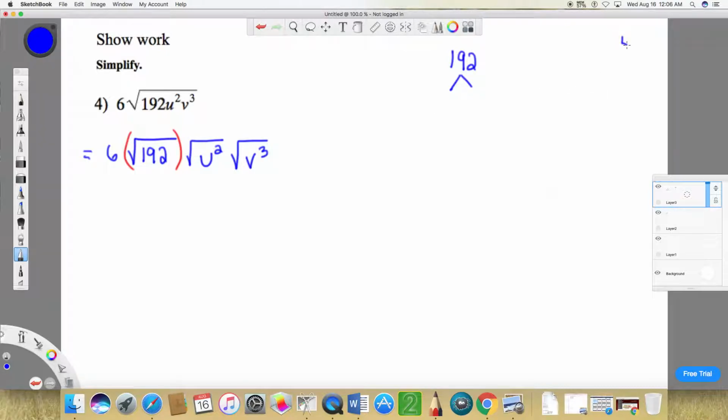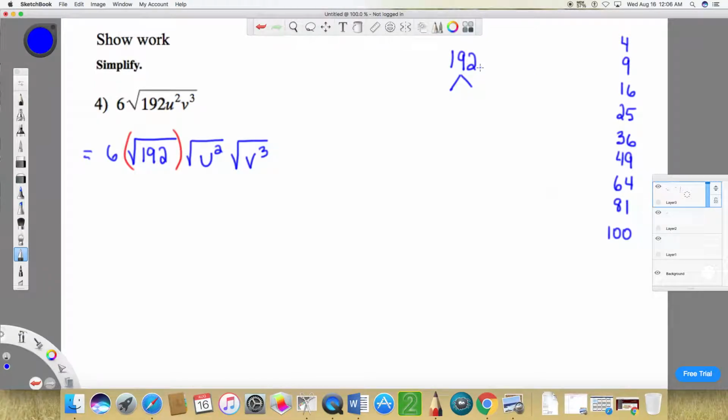Well, 2 squared is 4, 3 squared is 9, 4 squared is 16, 5 squared is 25, 6 squared is 36, 7 squared is 49, 8 squared is 64, 9 squared is 81, and 10 squared is 100, and we could keep doing that all day if you want. But let's look and see which of these numbers divides 192.